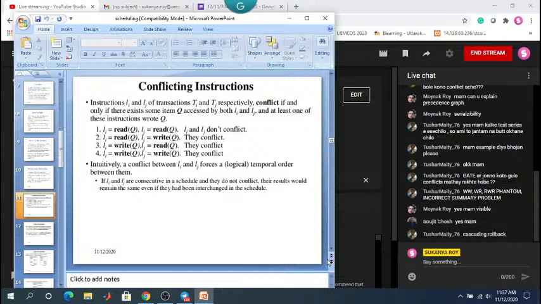When can we say that transactions are conflicting? Which instructions can I call conflicting instructions?